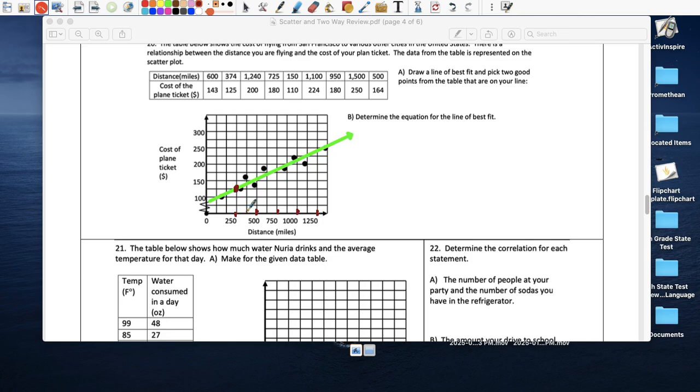Is that, if that's 250, no. That's 125, and that's 125. I don't know what 250 is. One second.